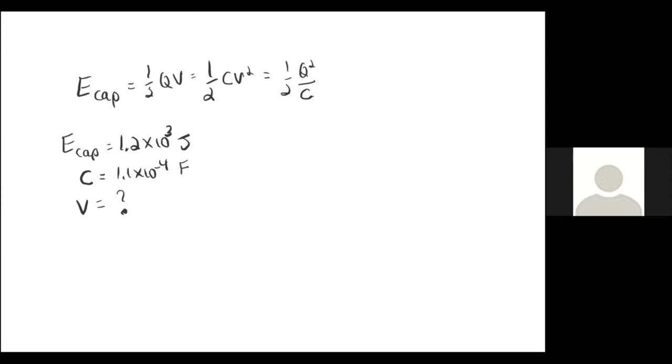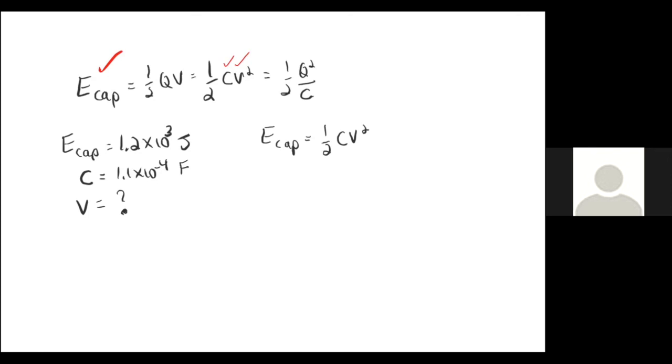Okay. Well, let's see. If I look at my equations, which equation am I going to use? Well, we've got this energy, we've got the capacitance, and we've got the voltage. So I guess I'm going to use the second relationship here. So I'm going to use the energy stored in the capacitor is equal to 1/2 CV squared. We need to solve it for this potential across the capacitor.